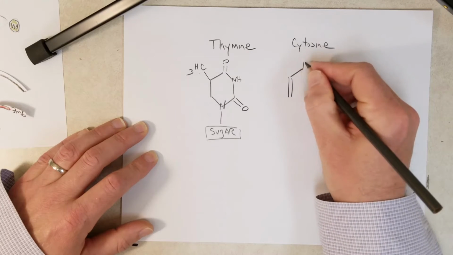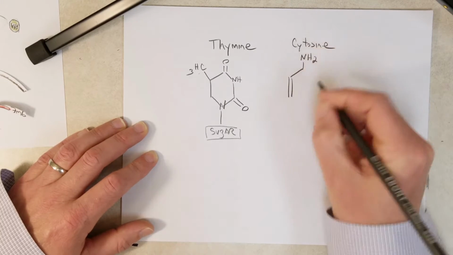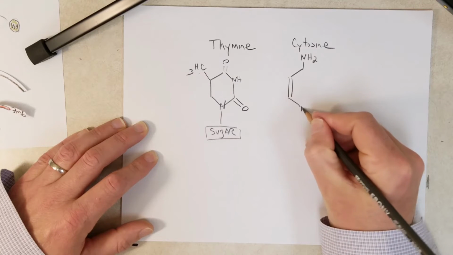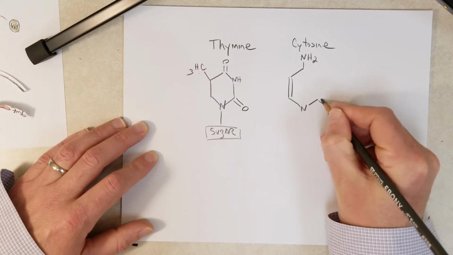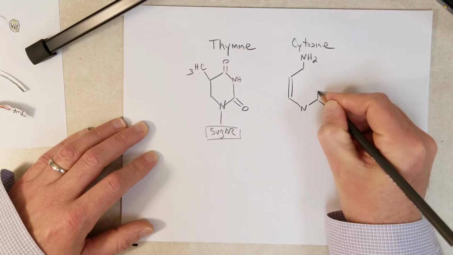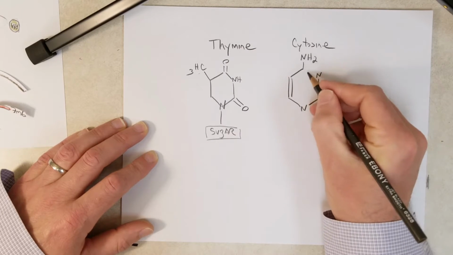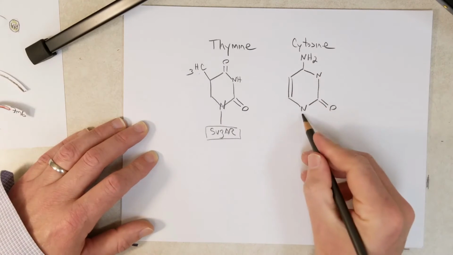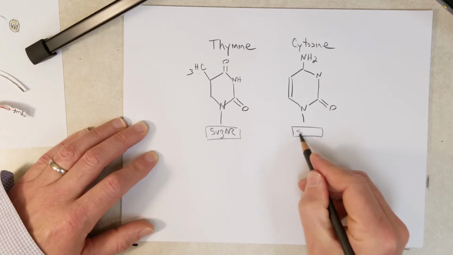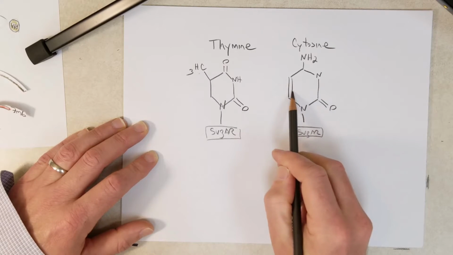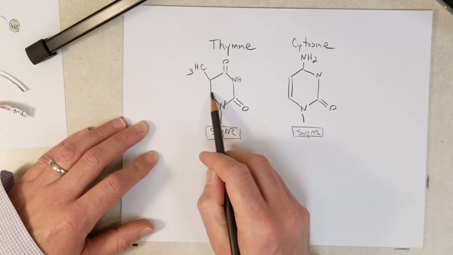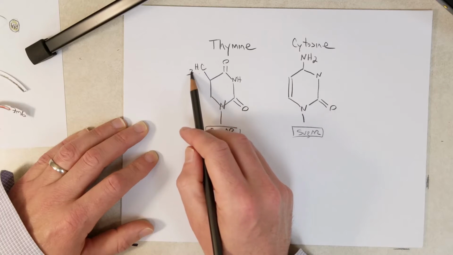They're very similar. Okay, so how are these different? We have a double bond here, no double bond there. We have a methyl group here, CH3.